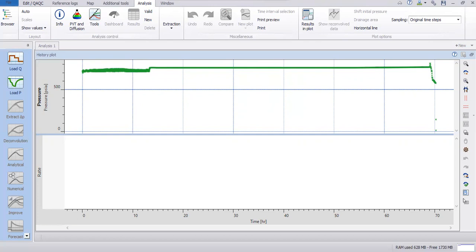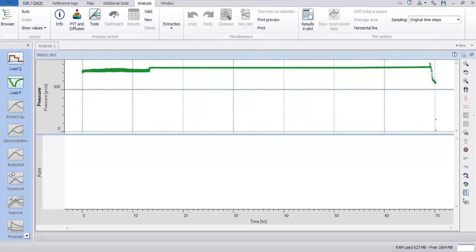And the duration, the flowing duration, it's about 13 hours. And for the build-up, this one minus.